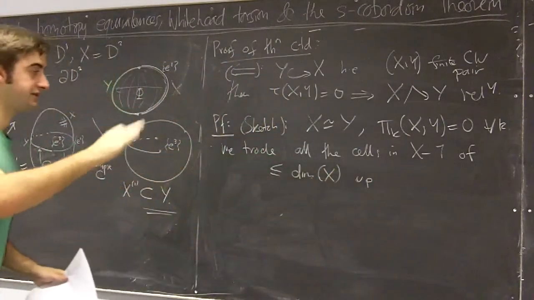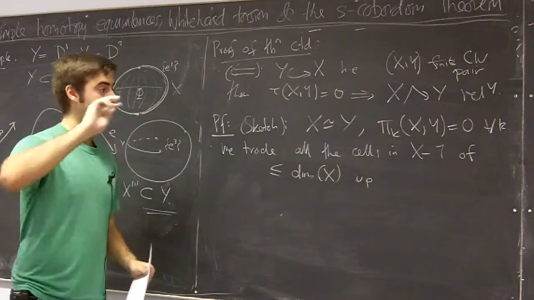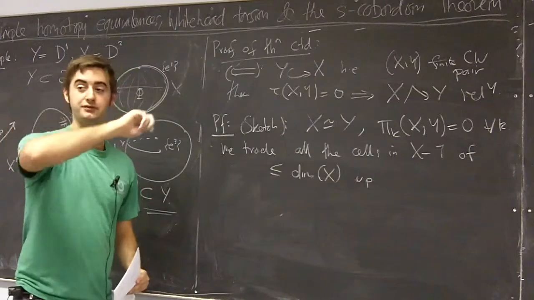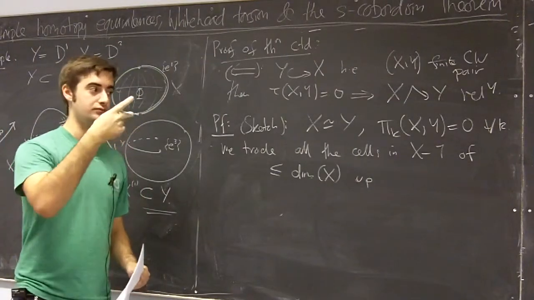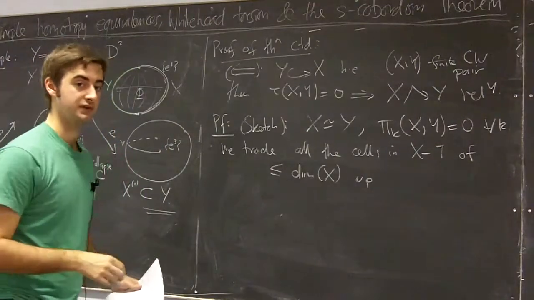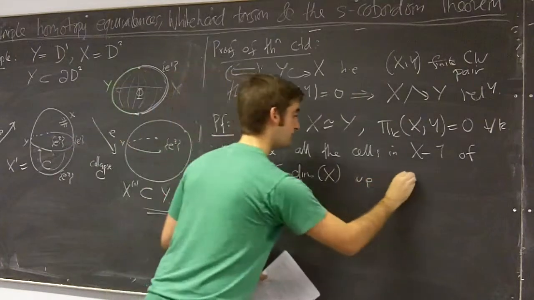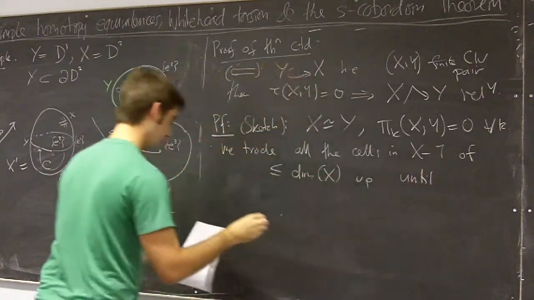So the idea is we just keep trading everything up until all these cells are in a band of a chain complex with just two entries in it. Until, let me write this down.